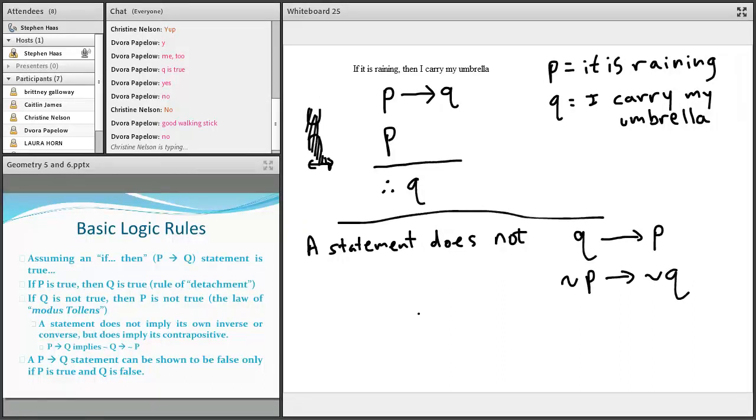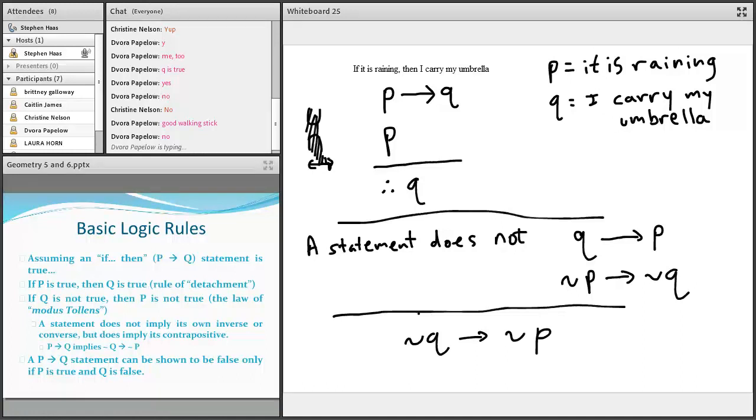A statement, however, does imply its contrapositive. Contrapositive is the combination of the inverse and the converse. That is the contrapositive.